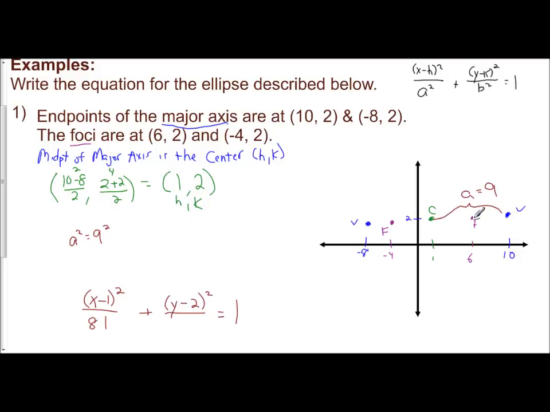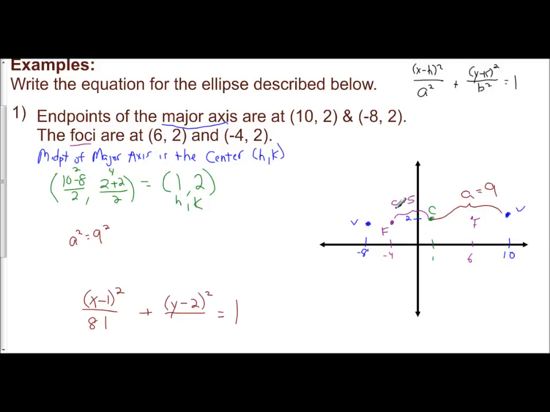Since I used the right side for a, to make it easier visually, I'm going to use the left side. Well, the distance from the center to a focus is c units. So from 1 to -4, you go 1 to get to 0, and then 4 further, so that's 5.